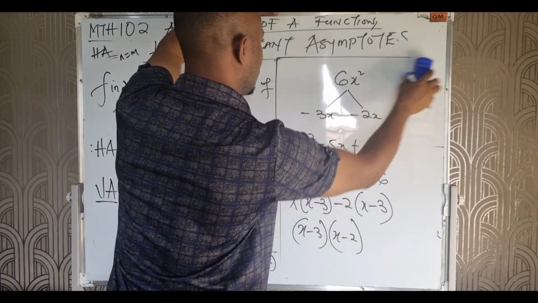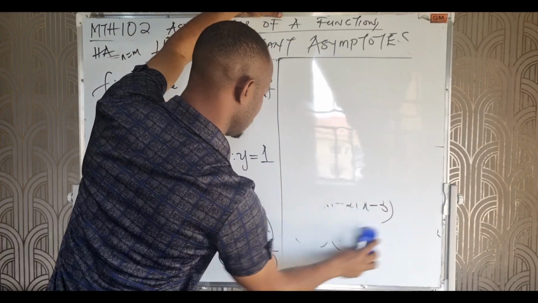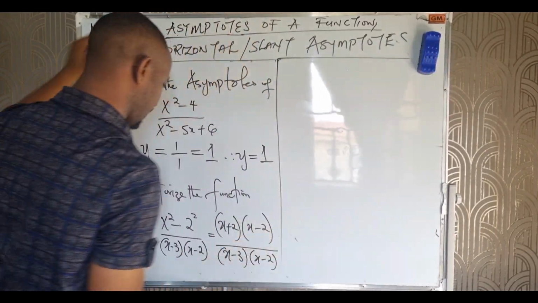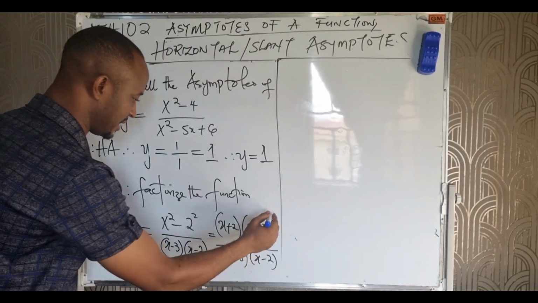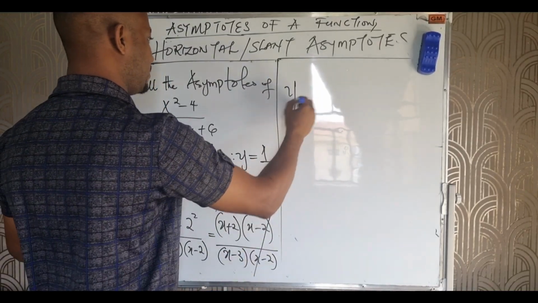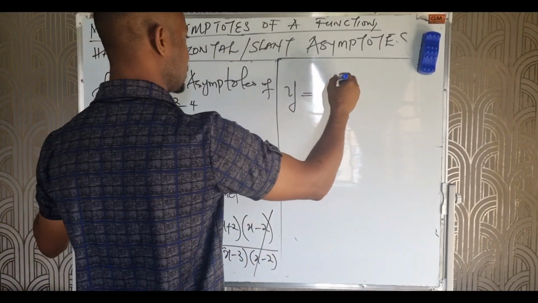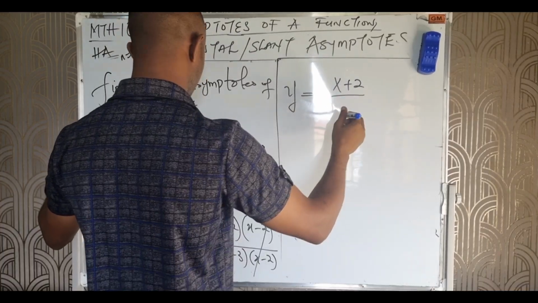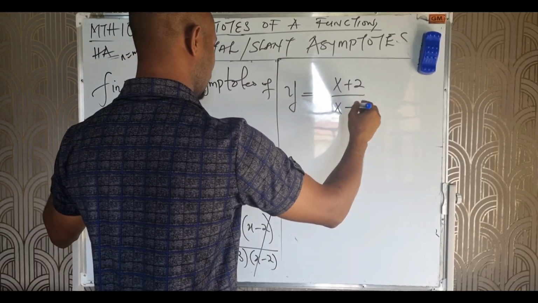Okay, so when we achieve that, we will find out that one of these terms here can cancel out. So our y becomes s plus 2 over s minus 3.